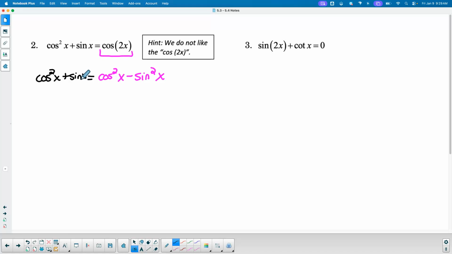So if I'm going to go left with things, then I'm going to subtract cosine squared of x, and then I'm going to add sine squared of x. If I do that, then I get sine squared of x plus sine of x equals 0.